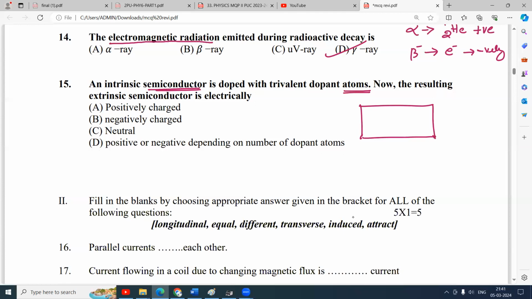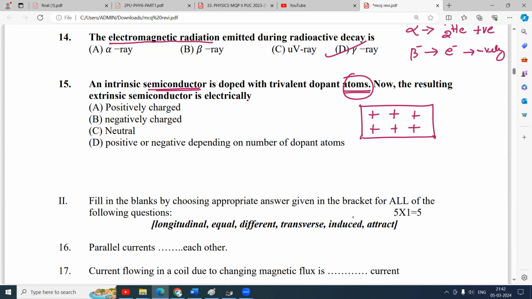That doesn't mean that one electron is removed. There is a need of one electron, but no deficiency of electrons is created there. So we add the full atom. It is electrically neutral. So the extrinsic semiconductor generated is a p-type semiconductor, and it has holes.